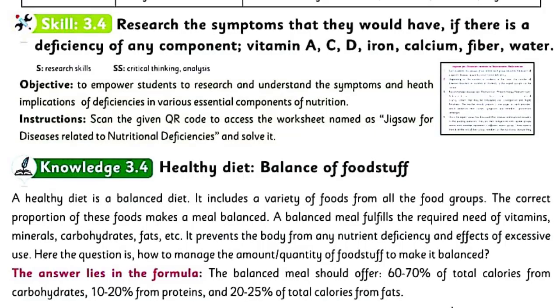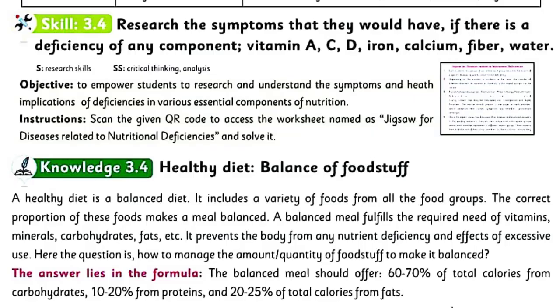Skill 3.4: Research the symptoms that they would have if there is a deficiency of any component: vitamin A, C, D, iron, calcium, fiber, water. S: Research skills. SS: Critical thinking, analysis.